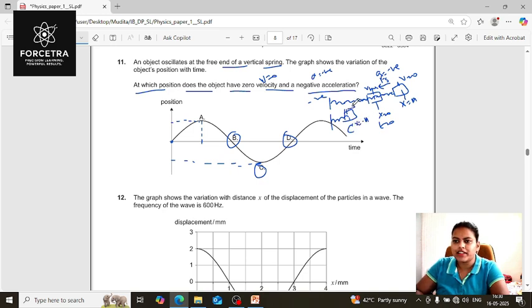At this point the restoring force is in the positive direction, and that's why acceleration would be on the positive side and the velocity would be 0. So C is not the correct option. A is the correct option, because it has 0 velocity and negative acceleration. So it is fulfilling both the criteria. A is the correct option.